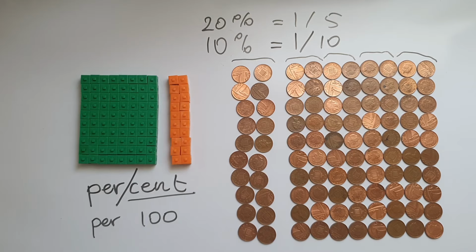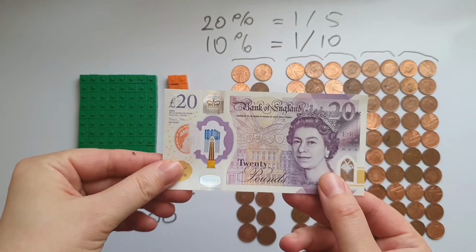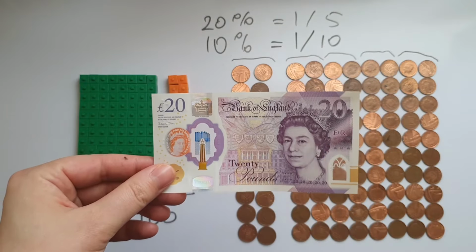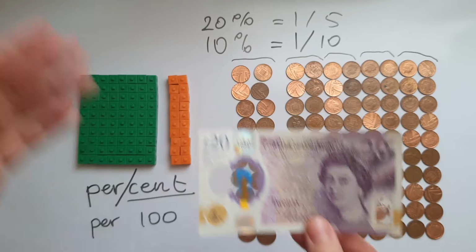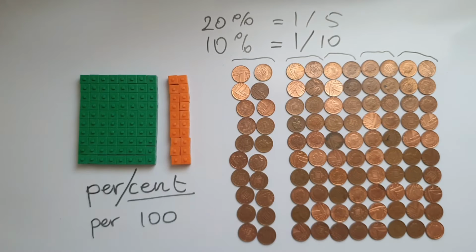So I could divide an amount by 5 and get 20% straight away. So 20 divided by 5 gives me 4. So £4 would make 20% of the £20.